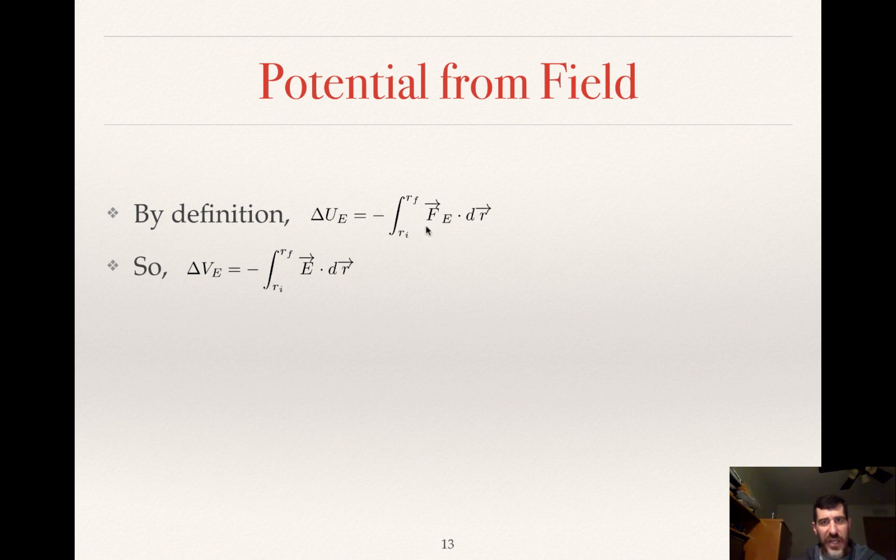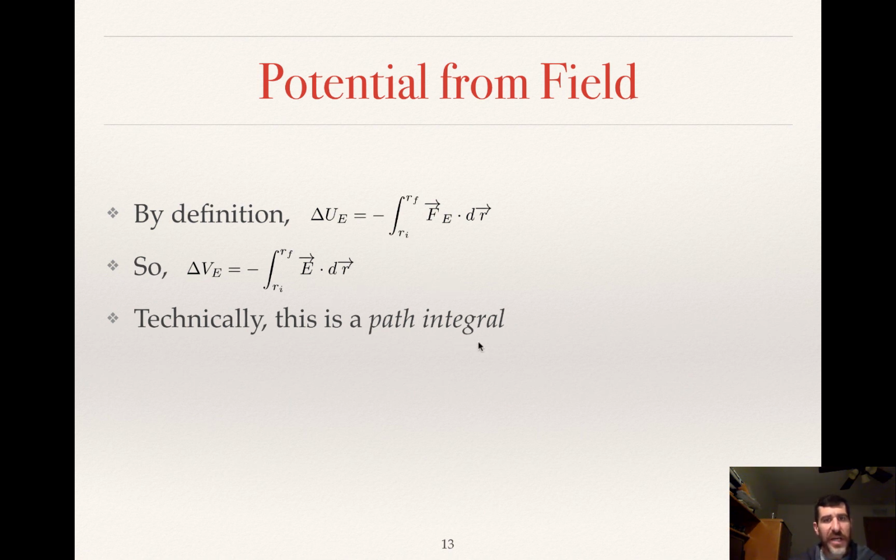So if we take the electrostatic force and divide out one of those charges, that's just the electric field. So to get the change in electric potential, we need to do the integral from the initial position to the final position of the electric field dotted into our displacement vector, dr.